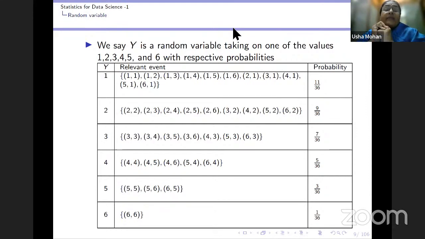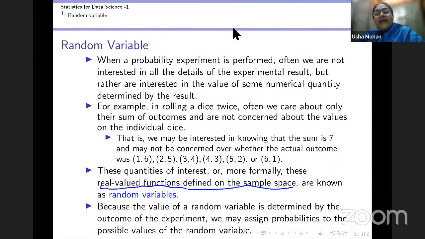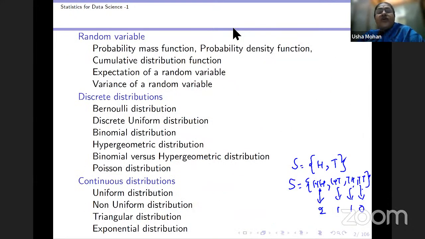How are we mapping this to a numerical value? It is important. I might not be able to do it physically; for example, when I'm talking about less than, it is easy for me to tell here. But if you go back here and look at only head and tail, I'm just assigning a value. If it is a head, I'm saying it takes the value 1. If it's a tail, it takes the value 0.